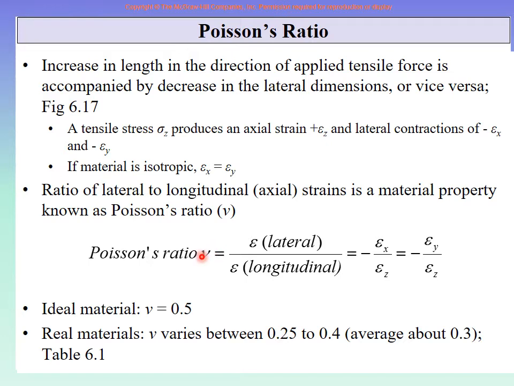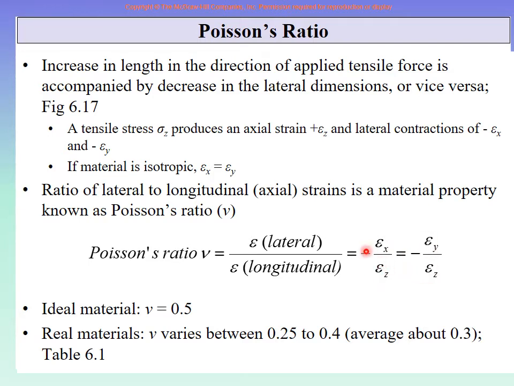It is like a slanted small v, and it is pronounced as nu. This is the symbol for Poisson's ratio, and it is the ratio of the lateral strain to the longitudinal strain, which means epsilon x to epsilon z or epsilon y to epsilon z.